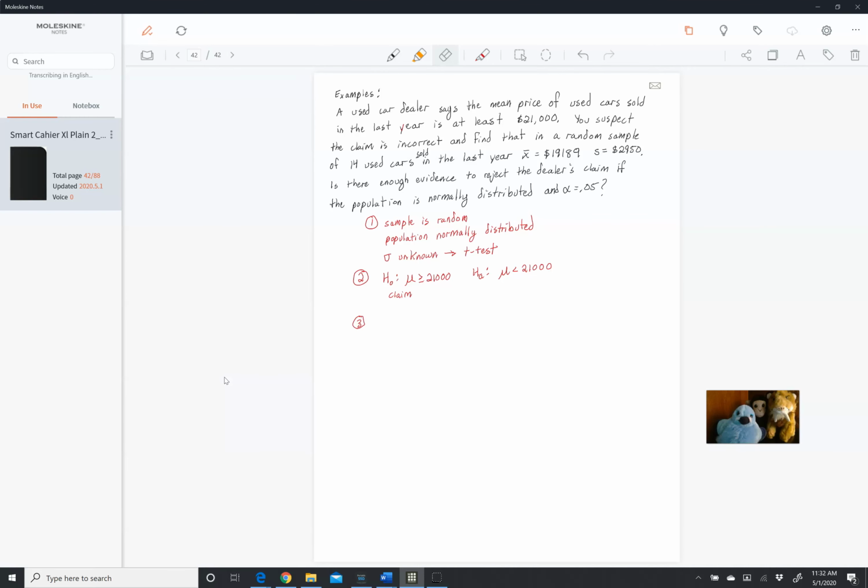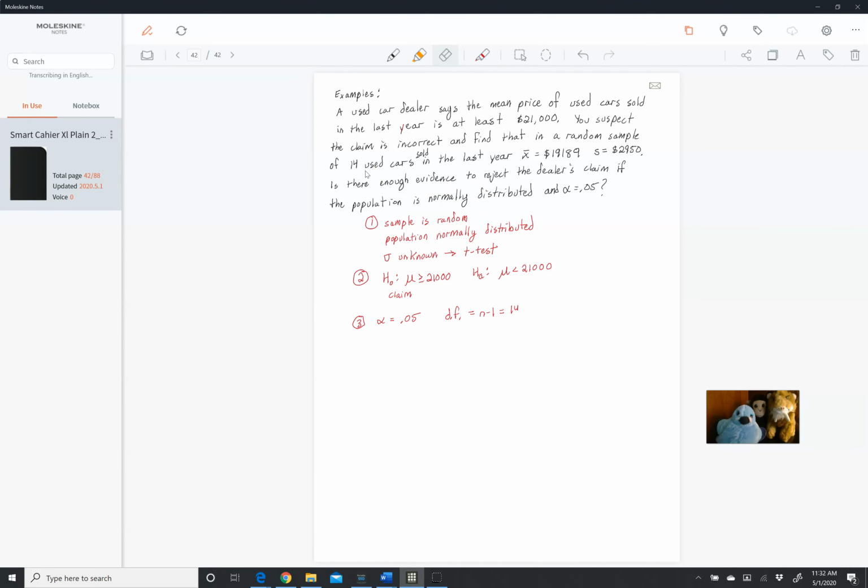Okay, next thing that we have to do. We have to identify the level of significance and the degrees of freedom. So the level of significance is given to us. It's 0.05. The degrees of freedom is our n minus 1. So if we go back to the problem, we see that it's a random sample of 14 used cars.